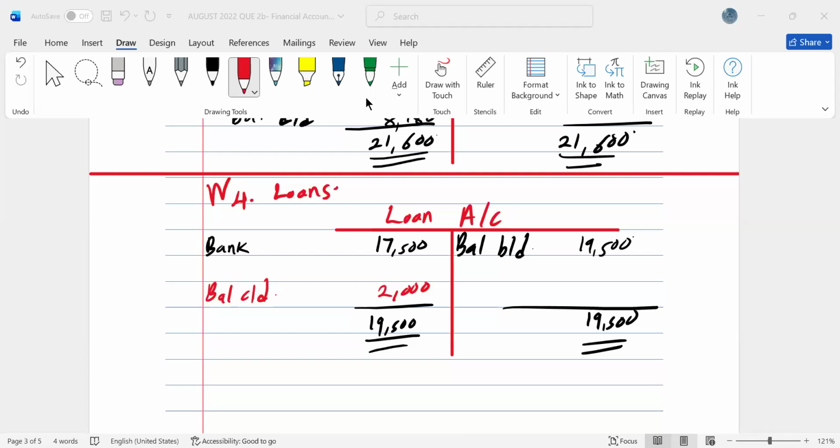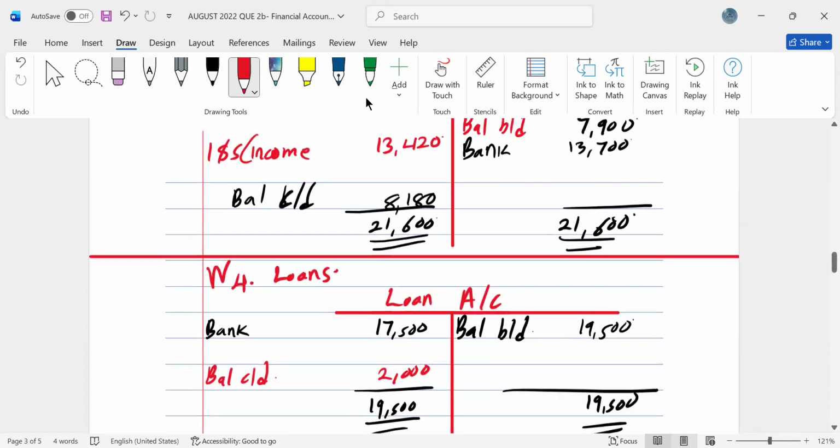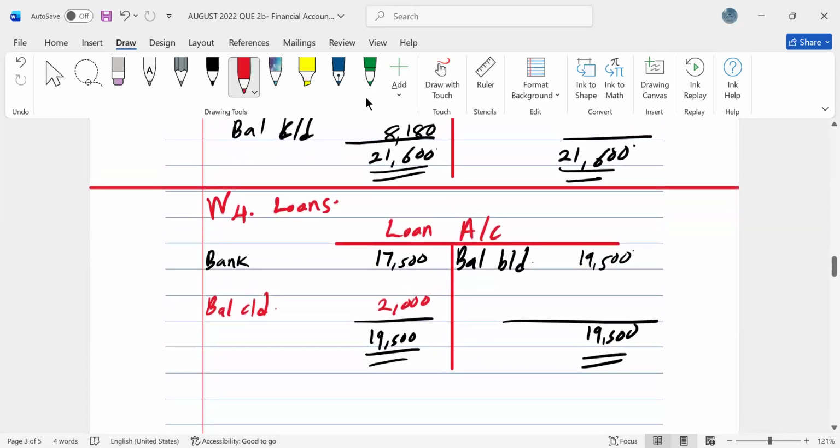The balance carried down that we've gotten as the balancing figure is going to be recognized in the statement of financial position as our long-term liability. So the loan interest will appear in the income statement as an expense. Are we together?